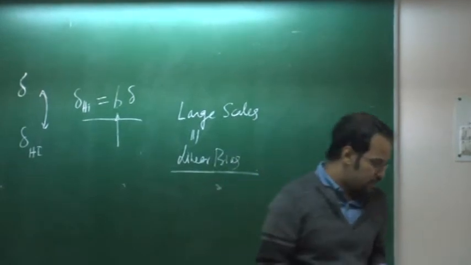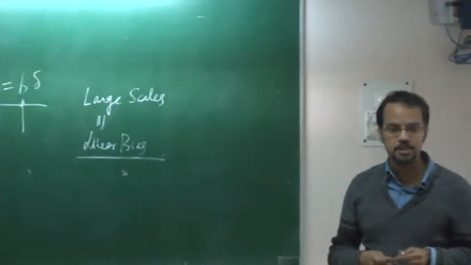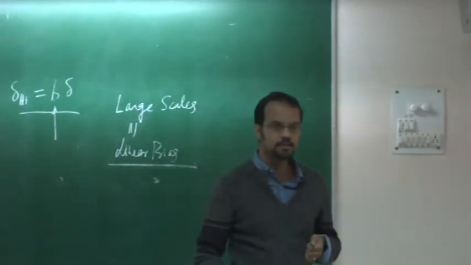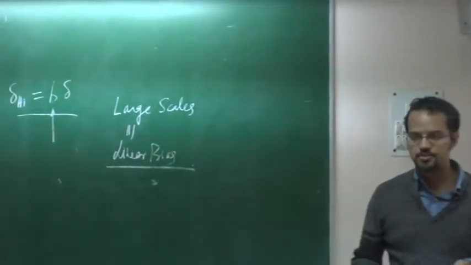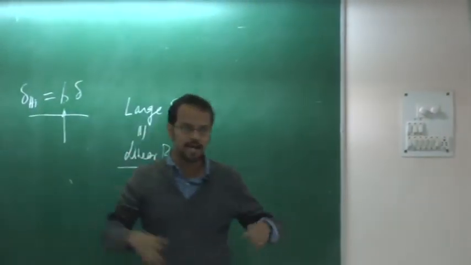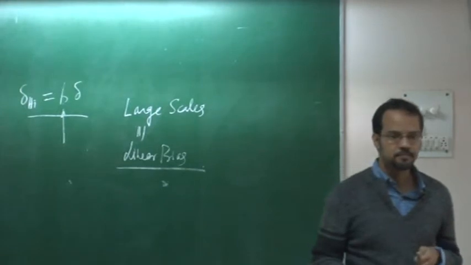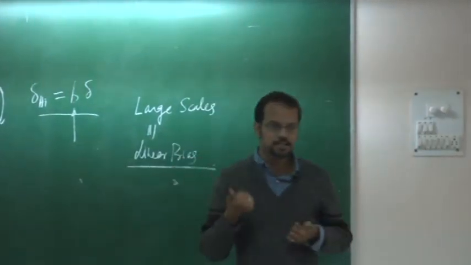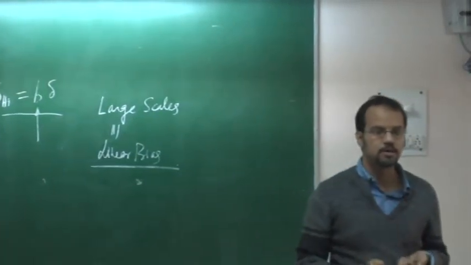And it turns out that when people do numerical simulations, and they simulate dark matter and its evolution using the dynamical equations of structure formation, and they look at the hydrodynamic properties of gas in such a universe, and they calculate the ratios, it turns out that this linear bias model actually works.